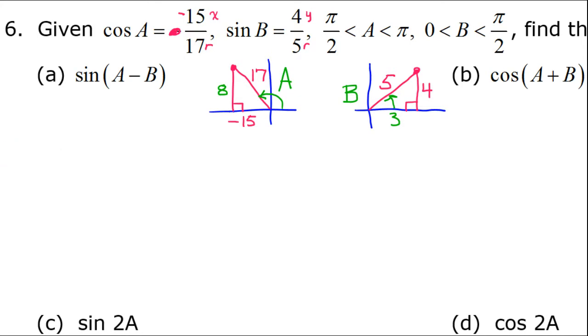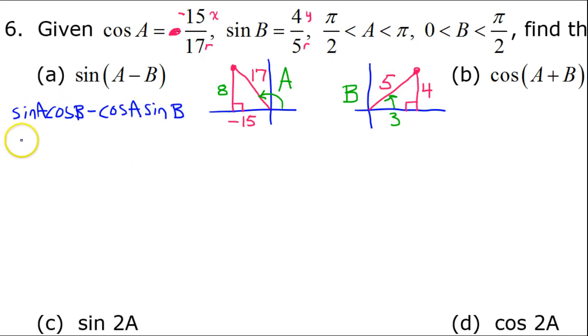Sine cosine minus cosine sine. So this will be sine A cosine B minus cosine A sine B. Okay, that's what I'm doing.